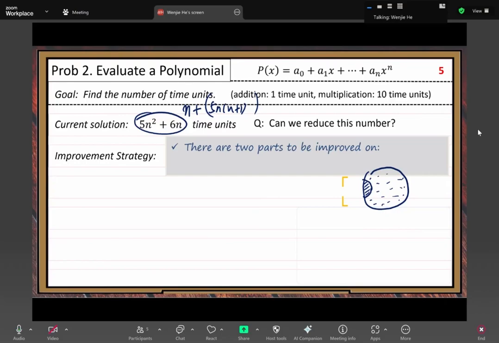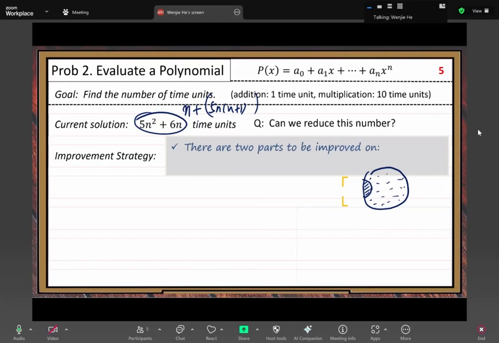When you do the reduction, you can target two different parts. You can target the addition part. You can also target the multiplication part. Which part do you want to put your precious investment on?